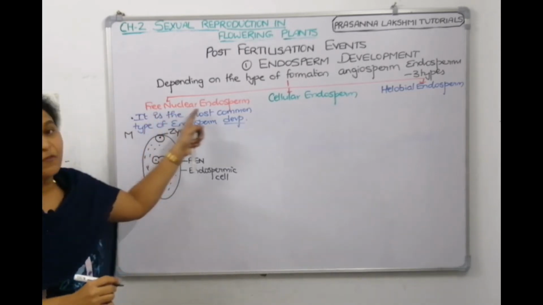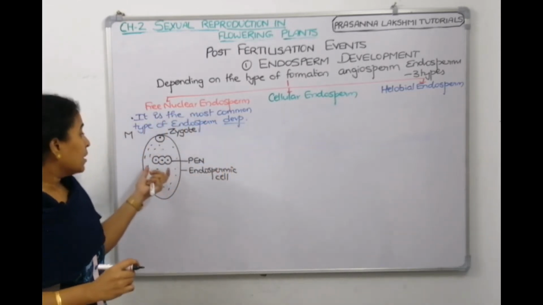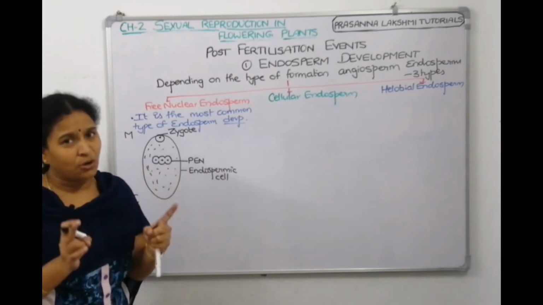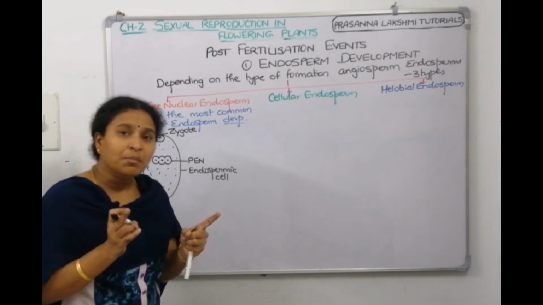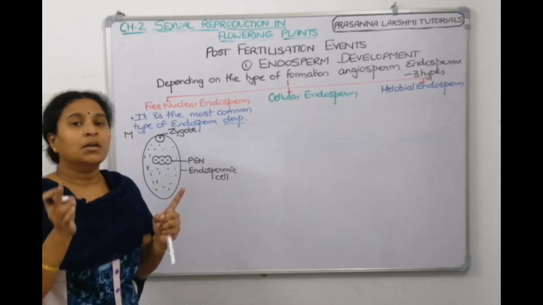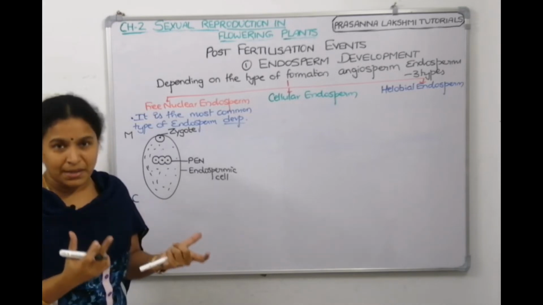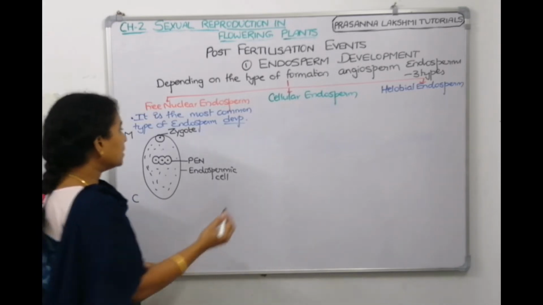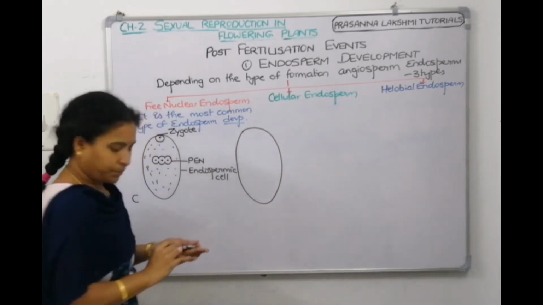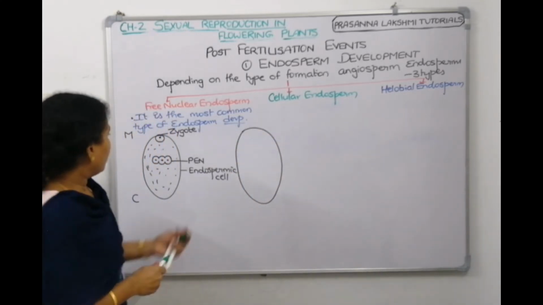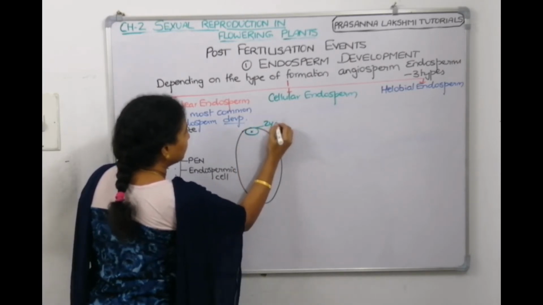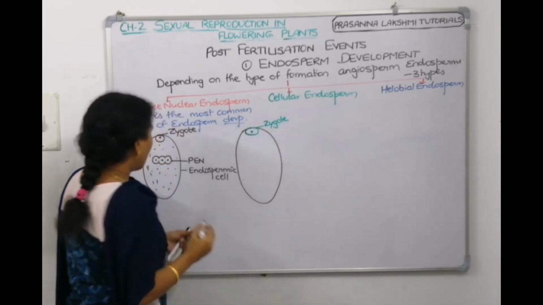Now, what happens? Since we are telling it is free nuclear endosperm, this primary endospermic nucleus undergoes mitotic divisions, but all the mitotic divisions are free nuclear divisions only. Only the nucleus divides, but the cytoplasm doesn't divide. We will show the zygote and embryo in a separate color.